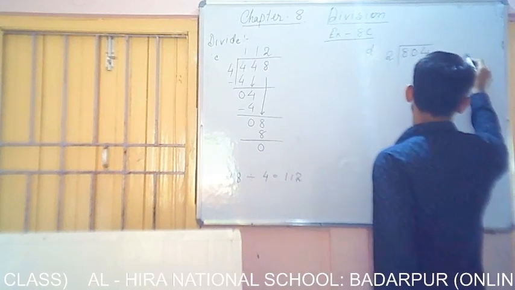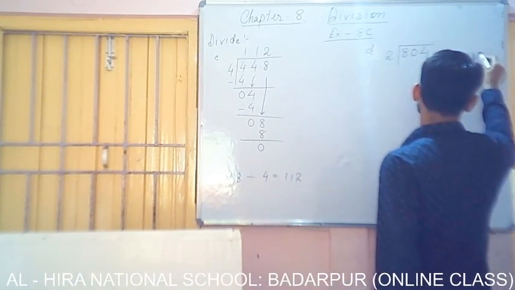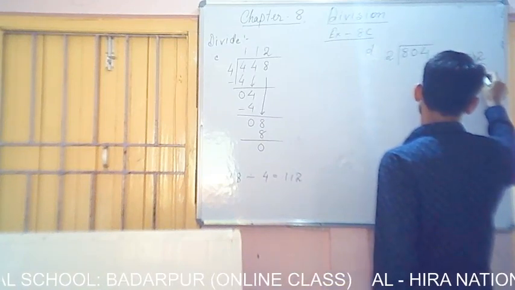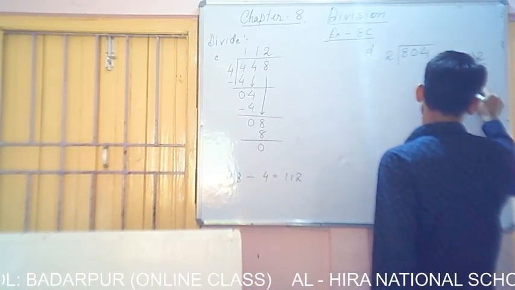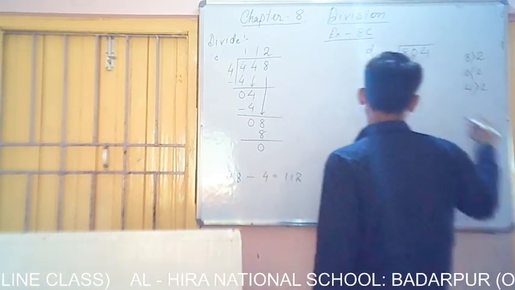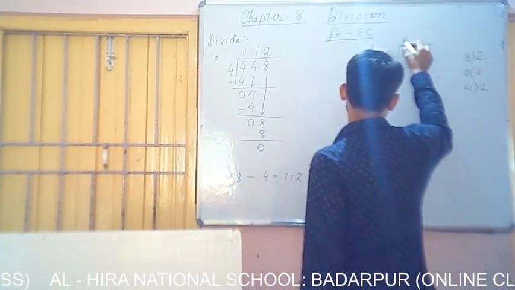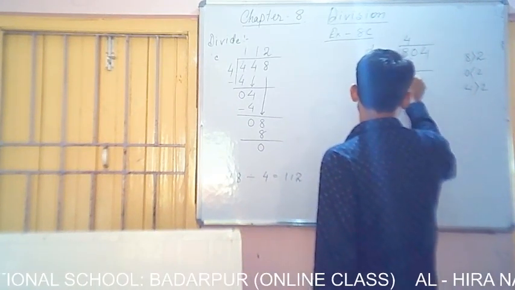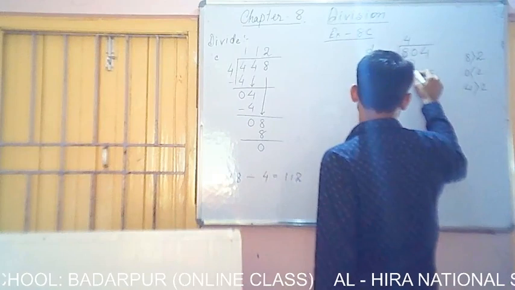Here we can see 8 is greater than 2, 0 is less than 2, 4 is greater than 2. Now you can see here, 2 fours are 8. 8 minus 8 equals 0.